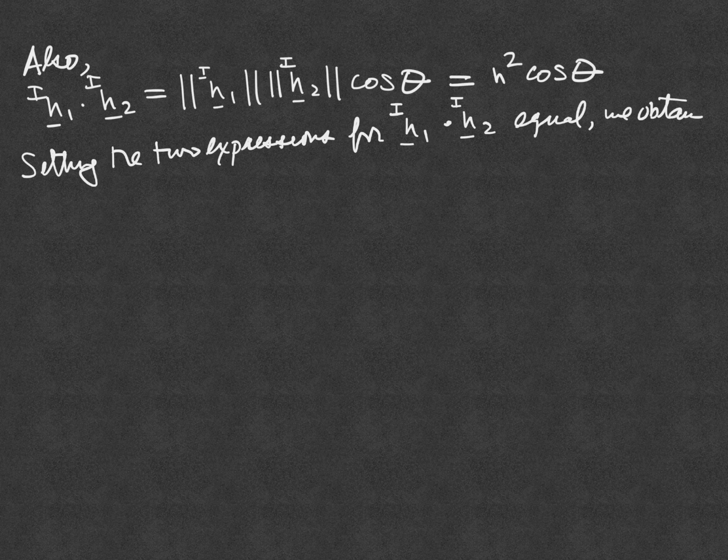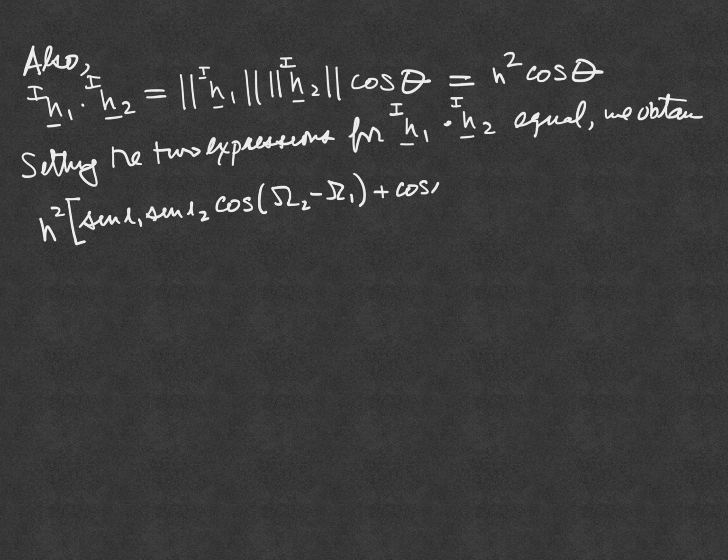We have that h squared times sine I1 sine I2 times the cosine of omega 2 minus omega 1, plus cosine I1 cosine I2, is equal to h squared times the cosine of theta.